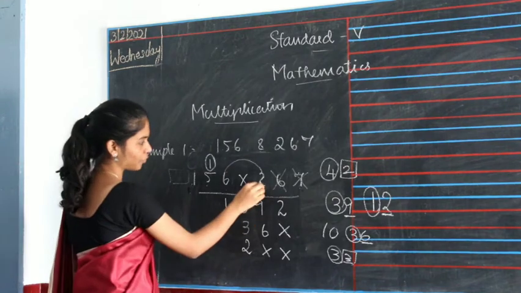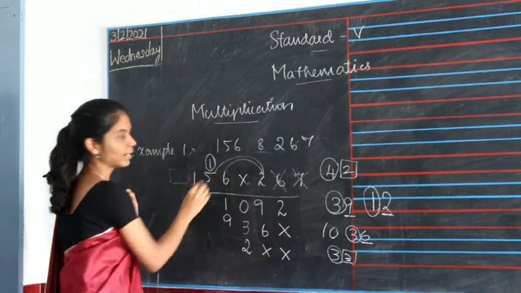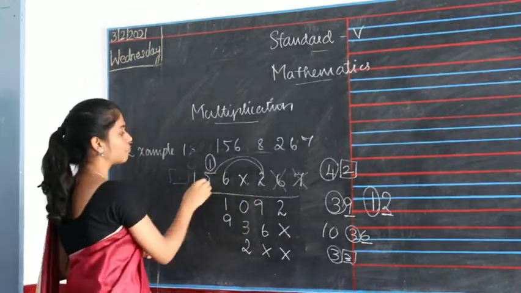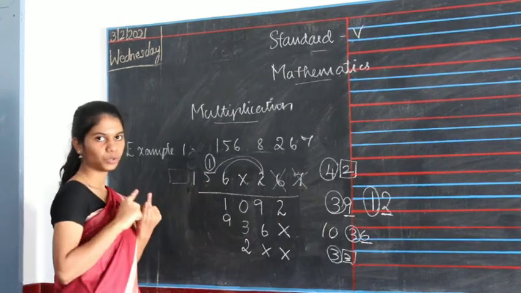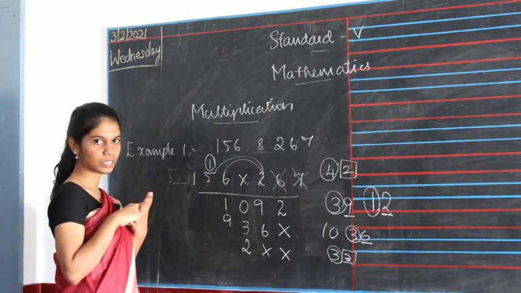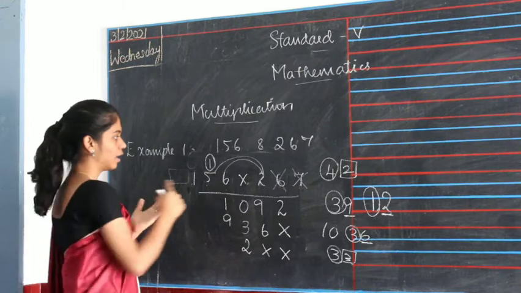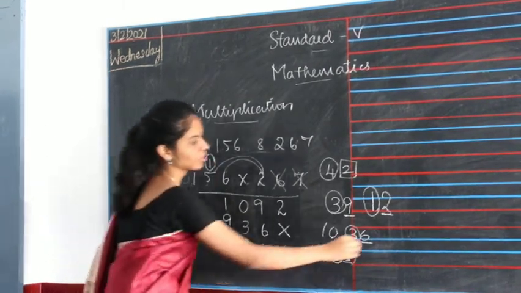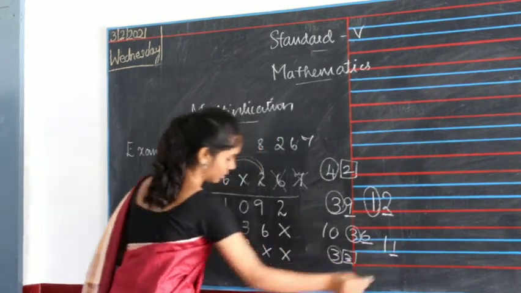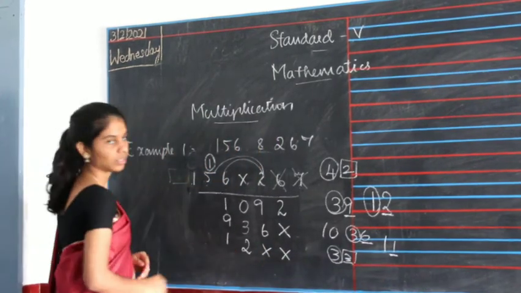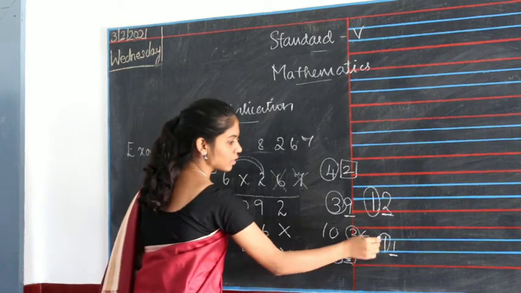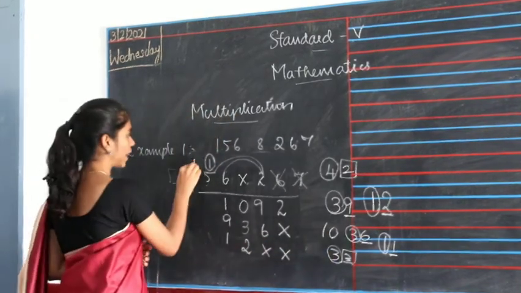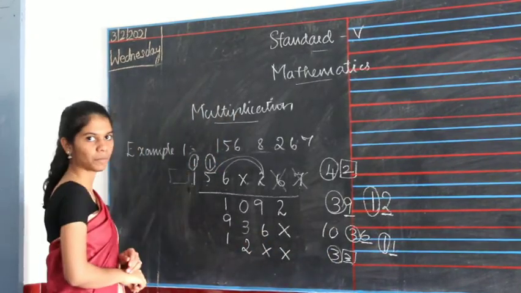Now here you have 2. 2 is multiplied with the number in the tens place. So 2 1s are 2, 2 2s are 4, 2 3s are 6, 2 4s are 8, 2 5s are 10. 10 plus 1, the carry, is 11. So 11 you got, 1 is the unit that you will write here and 1 is your carry that you will write on top of the next number.